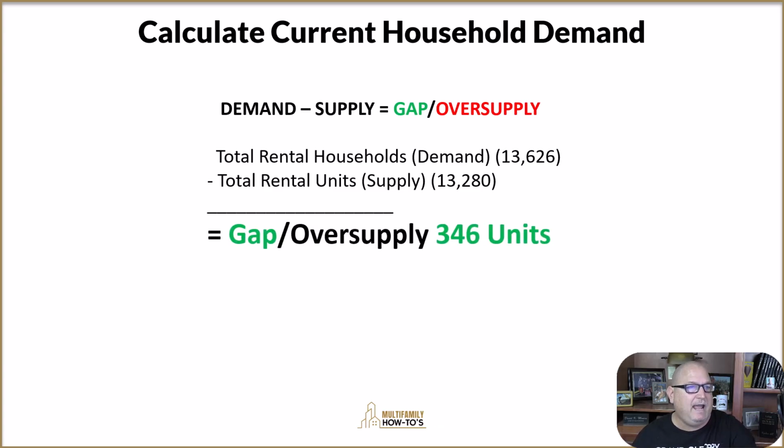So in this case, we do have a gap of 346 units. So there is a housing demand in this market. They are short 346 units. It's that simple. Free resources to go find the information, plug it into these calculations, and you can determine whether you have a housing shortage in your market or not.